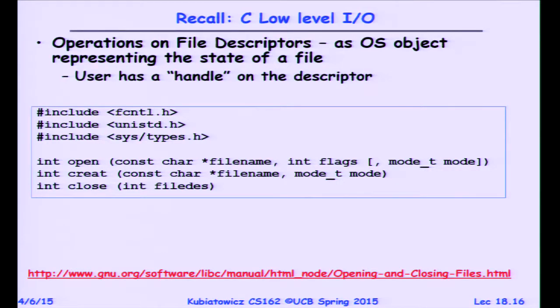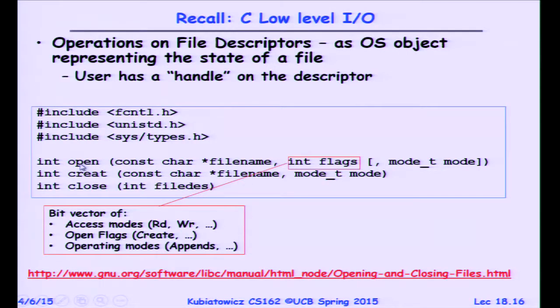These are the actual system calls available to us, and for instance, open takes a file name and a bunch of flags that have things like what access modes we want, what open flags, and so on. And the question that you might ask is, what's the return value, for instance, from open? Anybody remember? What was the return value from open?